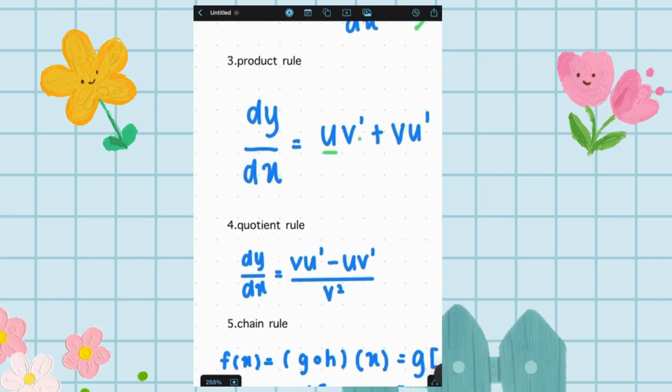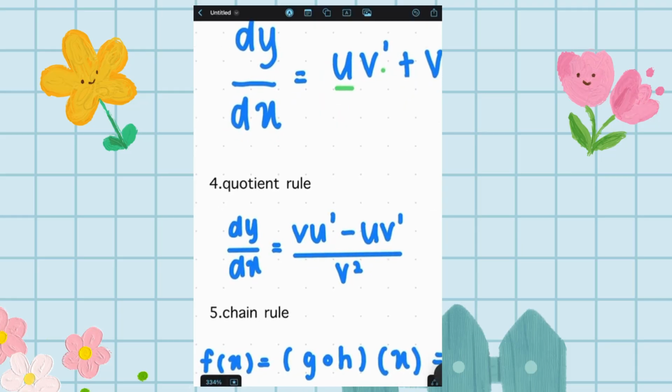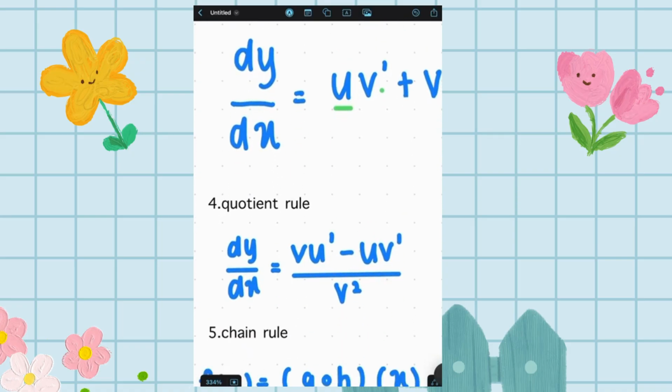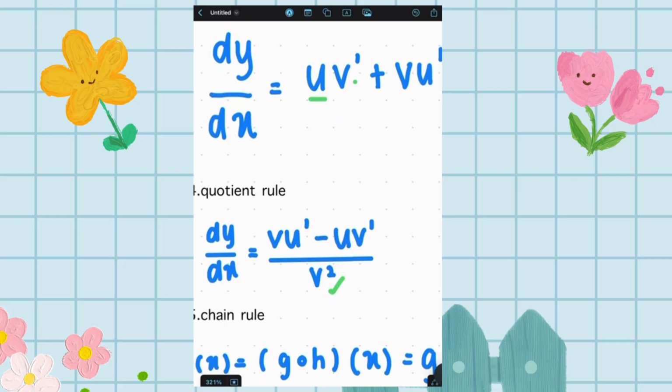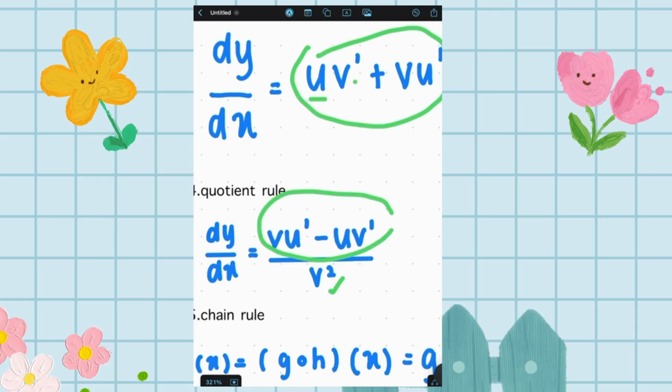And then let's move on with the quotient rule. The quotient rule is used when one function is divided by another. It's the same as the product rule, but a little bit different because we have v squared, v to the power of 2, as the denominator, and the placement of the terms is a little bit different.